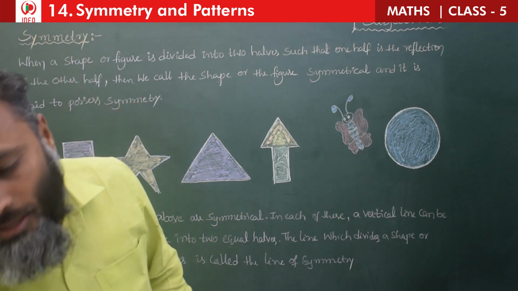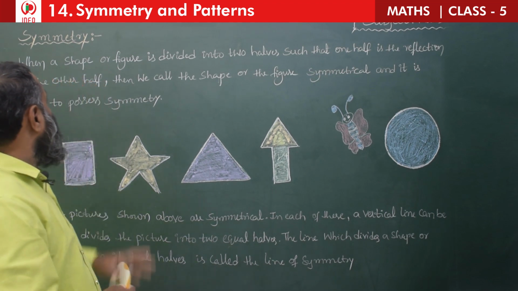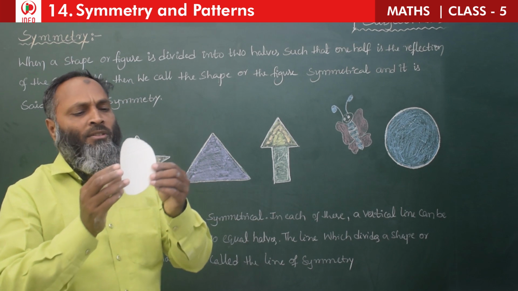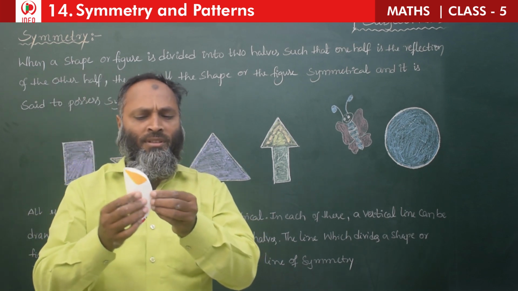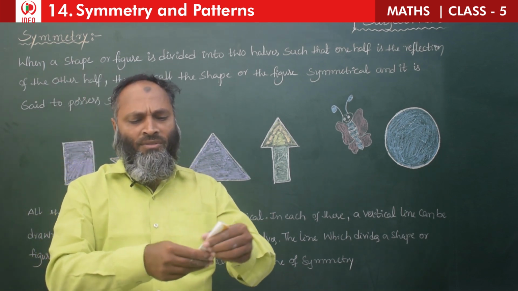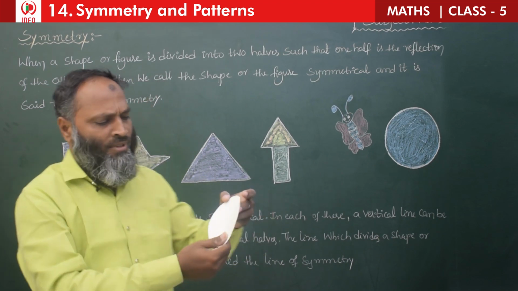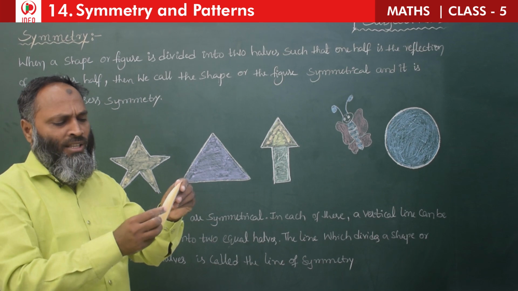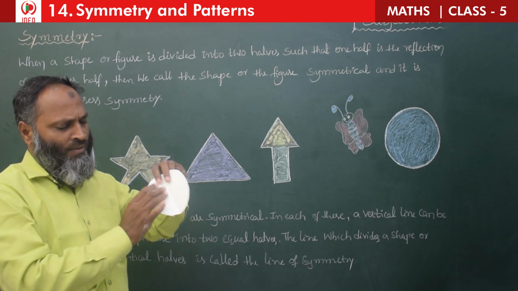See here, so when a shape, this is a circular shape, is divided into two halves, if you fold in the center, then this is one half.